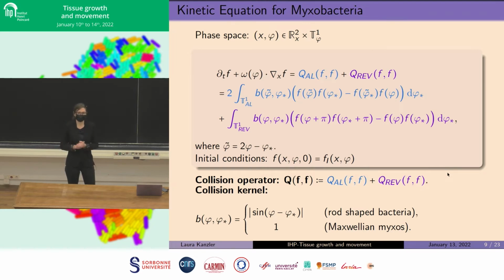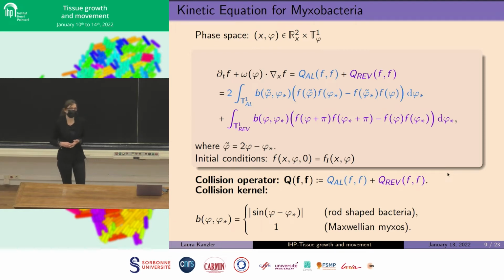It has two parts, of course corresponding to the two different collisions we are looking at. The first part is the alignment part, the purple one, the second one corresponds to the reversal collisions. And then what I did not talk about yet is this factor B. It's the so-called collision kernel or collision cross-section.